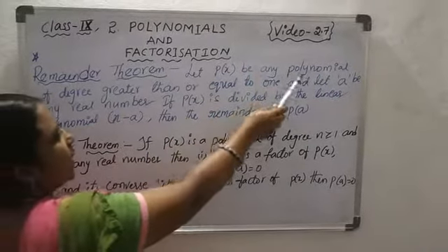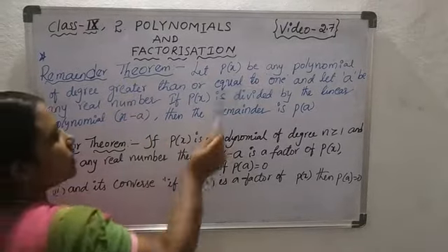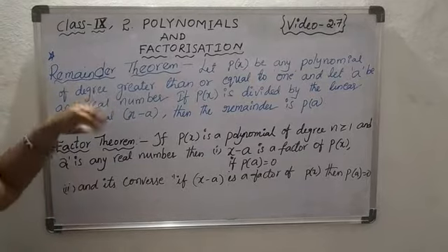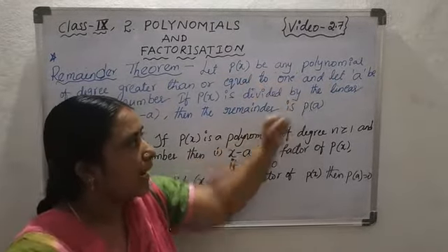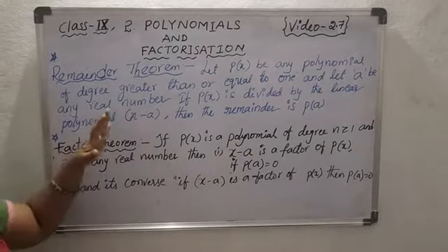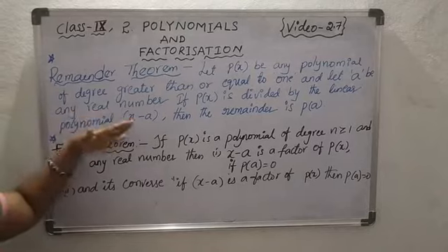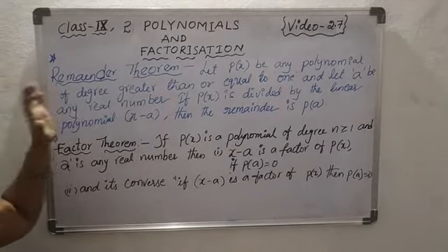Let P of x be any polynomial of degree greater than or equal to 1. The degree is either greater than 1 or equal to 1. And let a be any real number, maybe a positive integer, negative integer or fraction, anything.